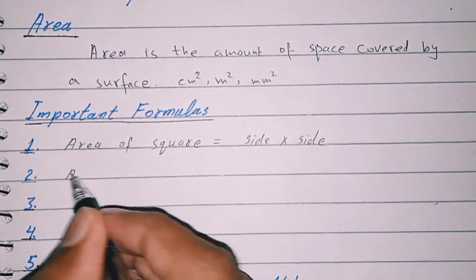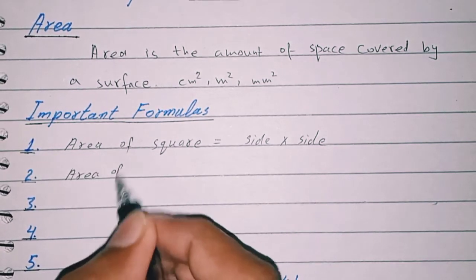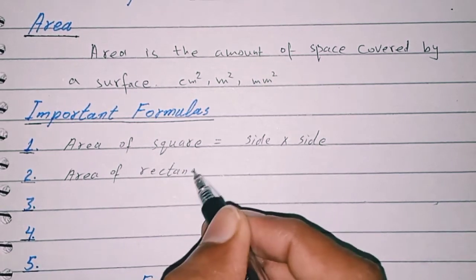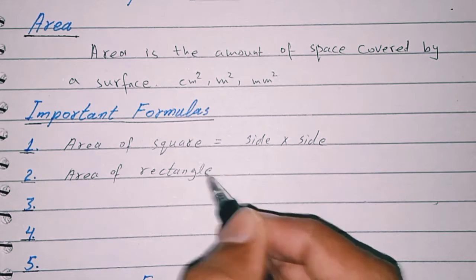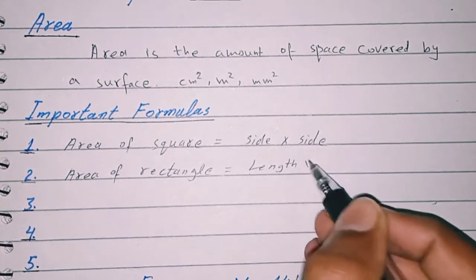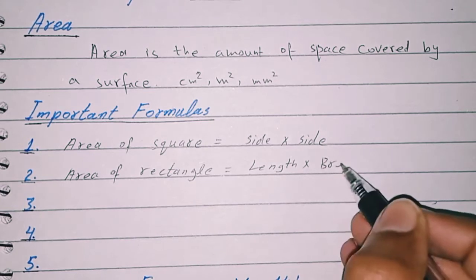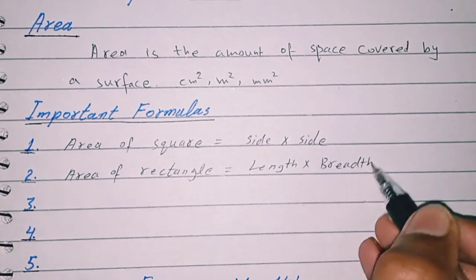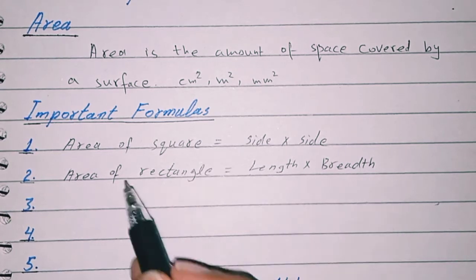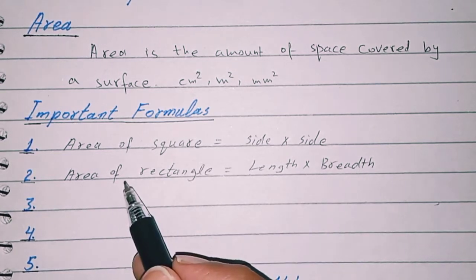And next, area of rectangle. Area of rectangle is equal to length multiply breadth, because rectangle has length and also breadth. If we multiply length with breadth, that will be equal to area of rectangle.